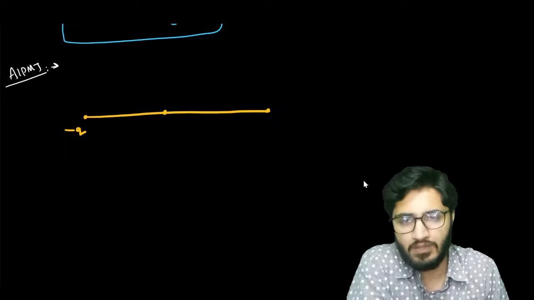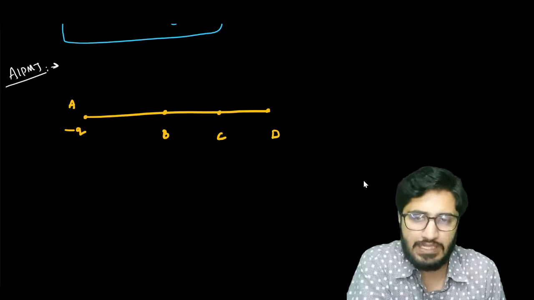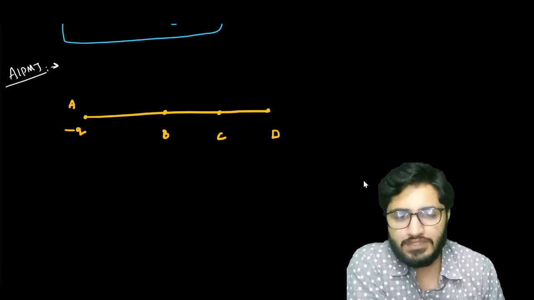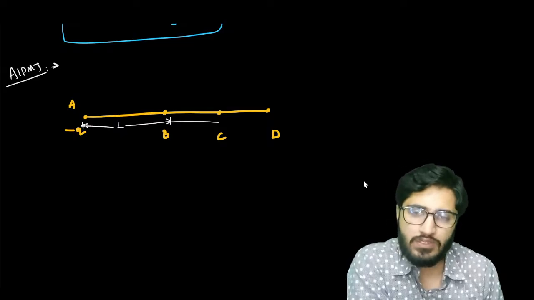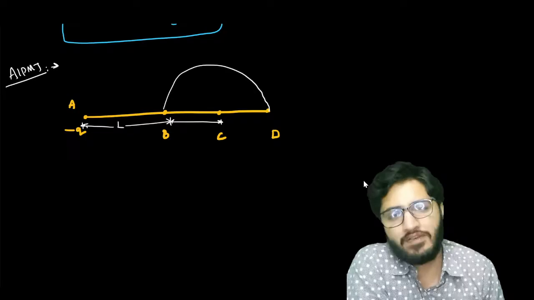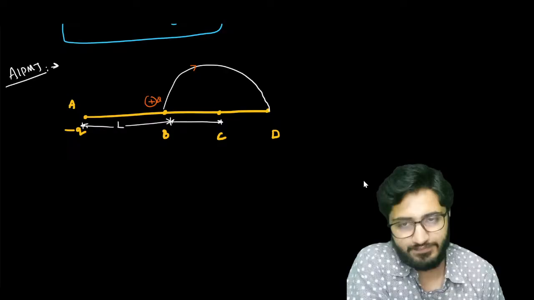So this is point A, this is point B, point C, point D. This distance is L, and this one is also L. Here I have a semicircle. Now I have a positive charge plus Q. I need to transfer the positive charge plus Q from B to D. How do I get my work done?